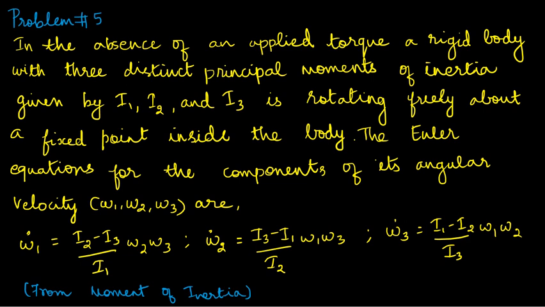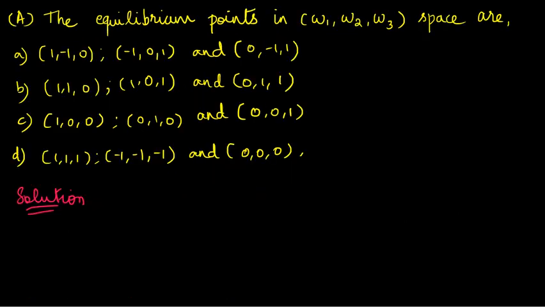Now the first question from this is the equilibrium points in omega 1, omega 2, omega 3 space R. So what are the equilibrium points? We are going to find the equilibrium points, that is, at what point omega 1, omega 2, and omega 3 are at equilibrium.